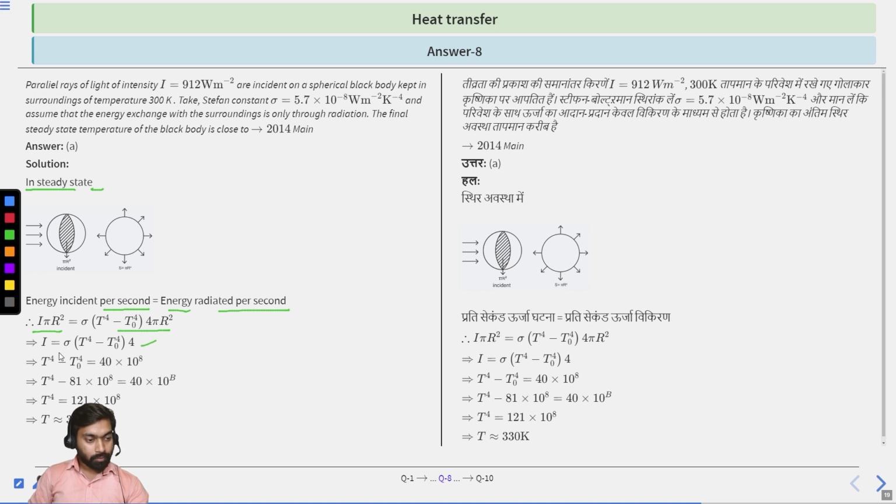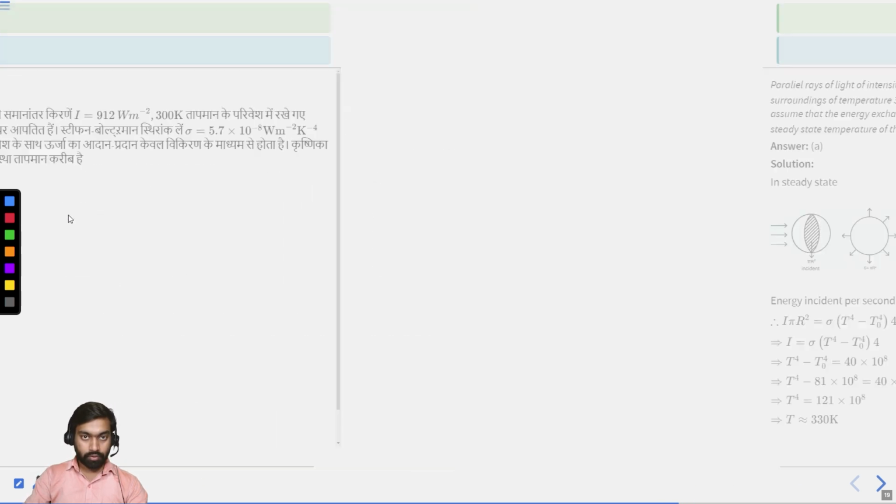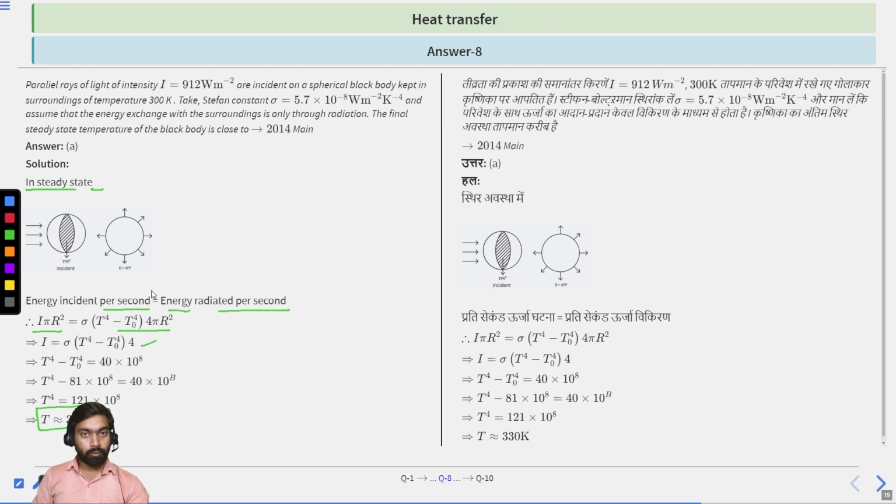Again solve this term numerically, and you will get T⁴ − 81 × T₀⁴ equal to 40 × 10 to the power. So T⁴ is equal to 121 × 10⁸. So temperature equals 330 Kelvin. So this is the correct answer. 330 Kelvin is the correct answer. Clear? So this is the only technique to solve the question.